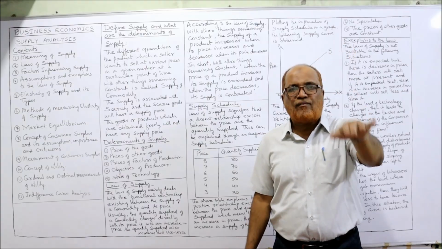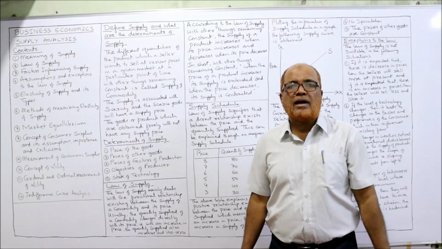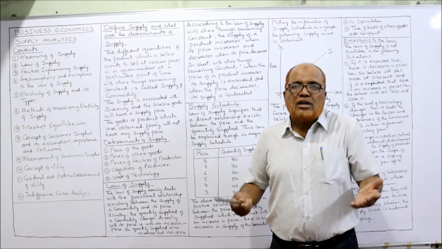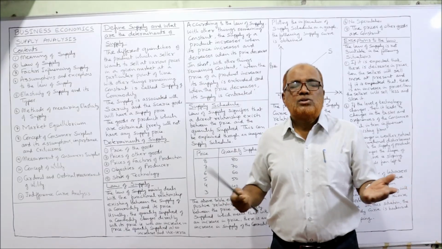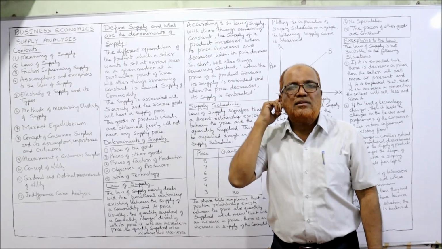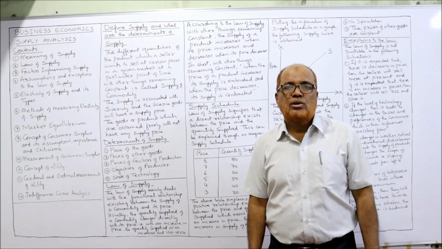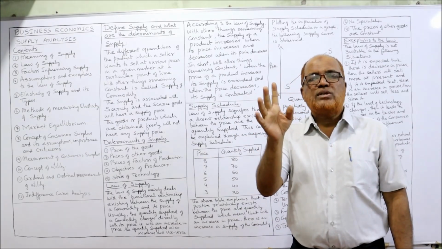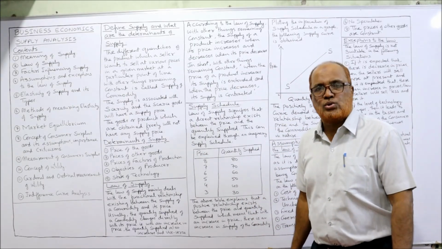When the prices are falling, then definitely the suppliers will also supply less because their profitability is reduced. So why would they want to supply? If the prices are increasing, then only the suppliers are ready to supply more goods. The first factor which affects the supply is the price of the goods.